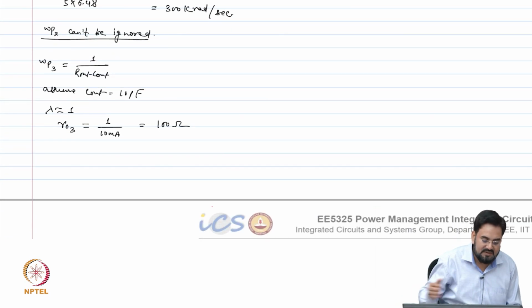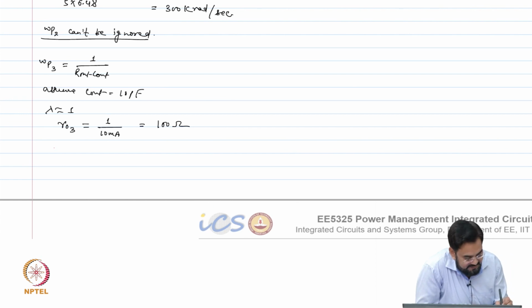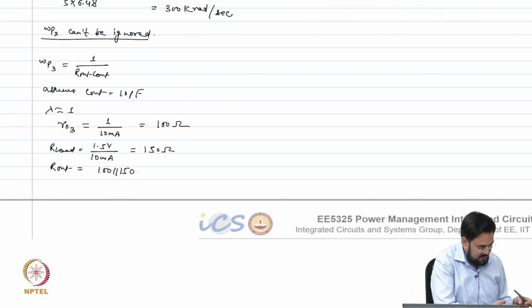So if you consider a resistive load, then it will become 100 ohm parallel with 150 ohm. Let's say R load equals 1.5 volt divided by 10 milli, which is 150 ohm, then your R out will become 100 parallel with 150. This will become 60 ohm.